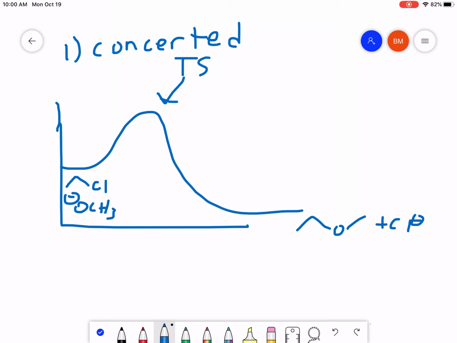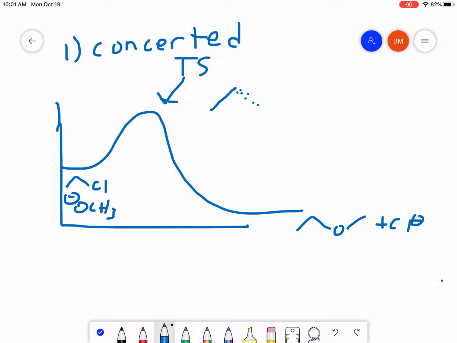Let's see what's actually going on here. You should be able to draw the transition state. Remember, the transition state is basically this little in-between state that shows bonds breaking and or bonds forming. Since this is a concerted reaction, all the breaking and the forming of bonds occurs at the same time. So, you have chloroethane, and you're in the middle of breaking.